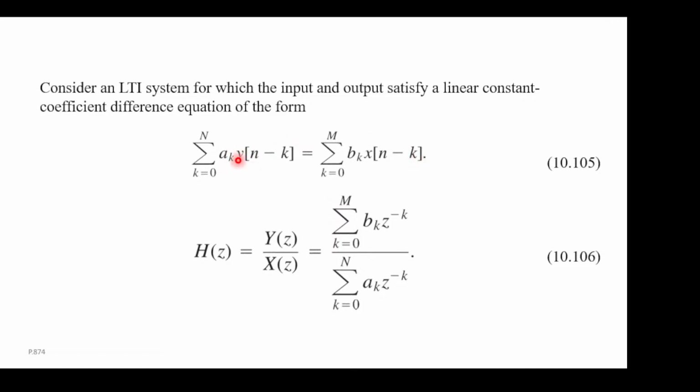So you have the sum of a_k times y and the sum of b_k times x. Then your H is the sum of b_k z to the minus k over the sum of a_k z to the minus k. Okay.